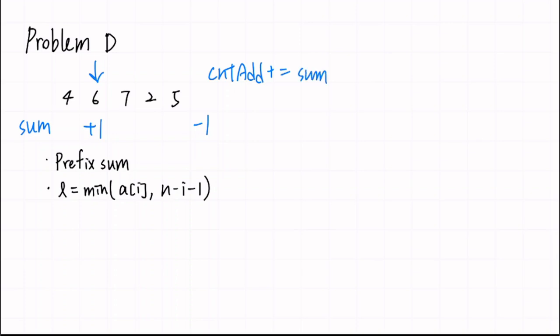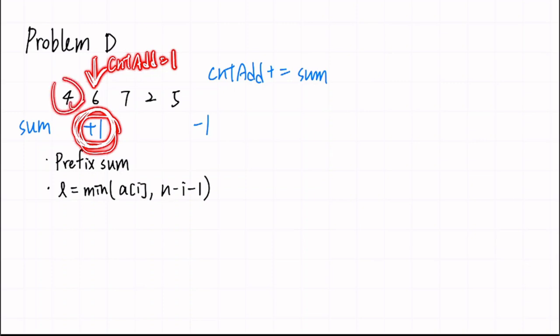So in this case, when we move to the second alien, count add will be 1, because we have just added the new sum, which is the stone given from the first alien.